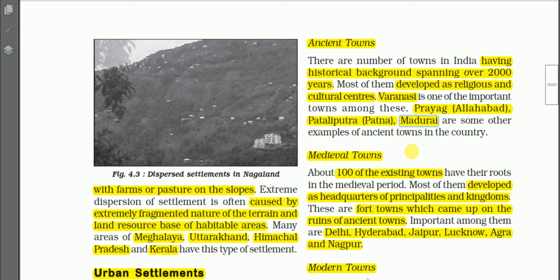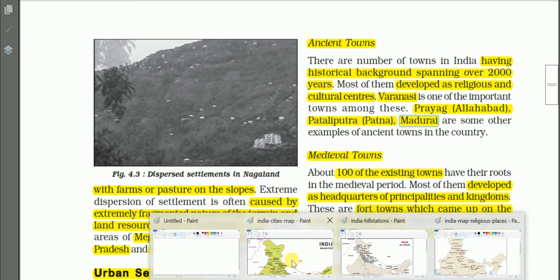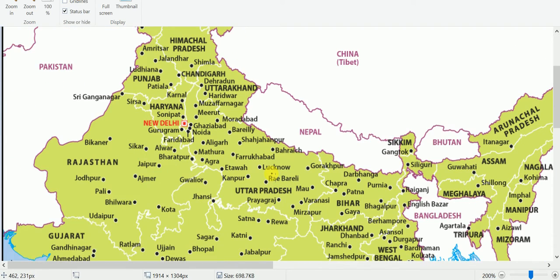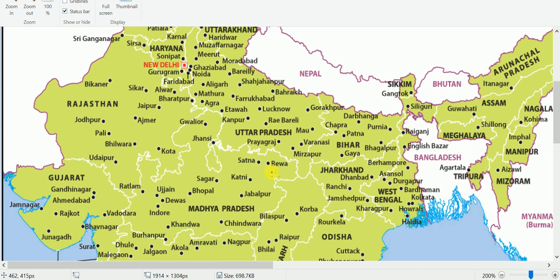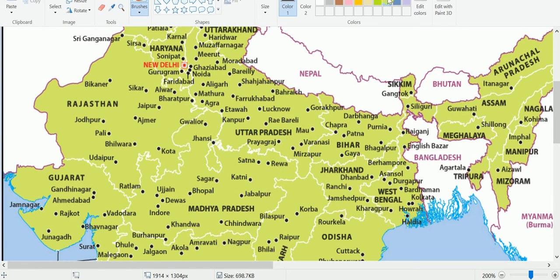Now let us try to find out the location of these towns on the map of India. Here, this is a map of India showing important towns and cities in India. And here we have Varanasi. Okay, see here, Varanasi is here. Then this is Prayag, this is Allahabad.